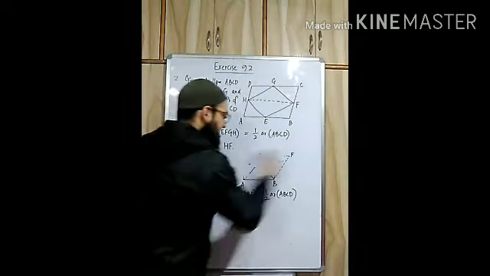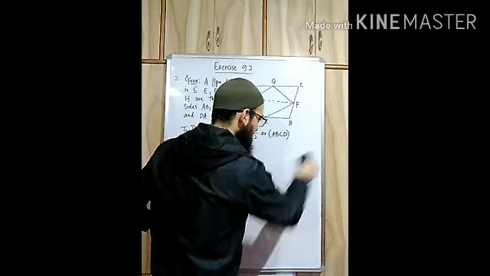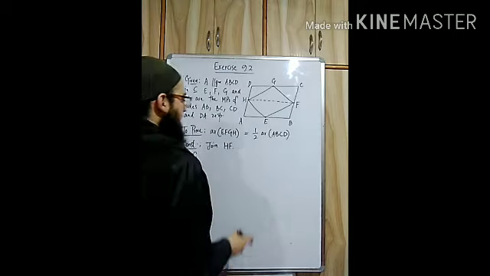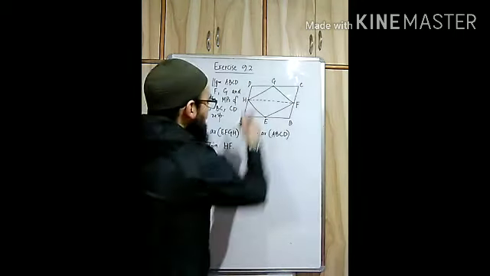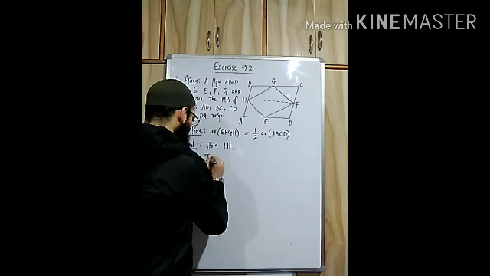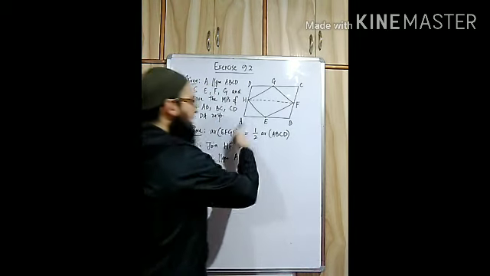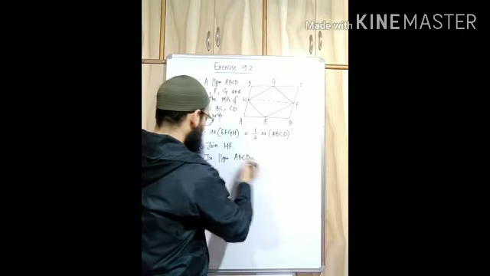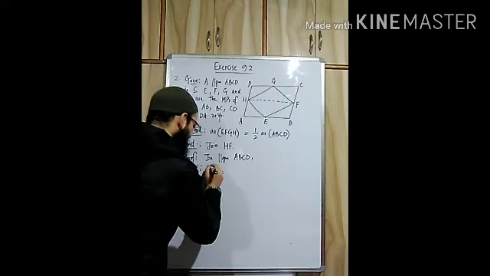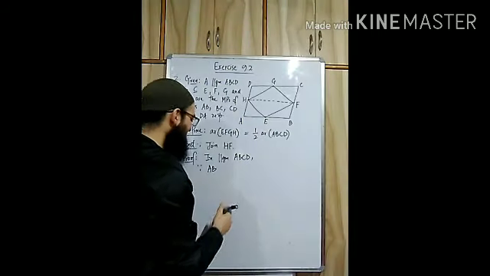Having said that, what do we have now? Using the same logic, if you pay close attention, in parallelogram ABCD, you observe one thing: AB is parallel to DC.